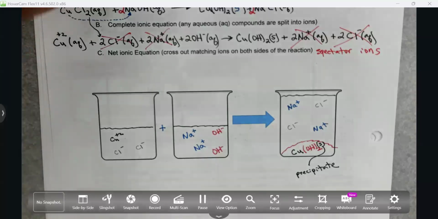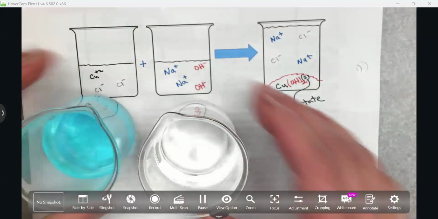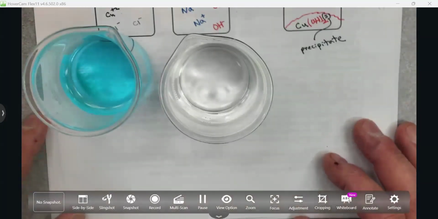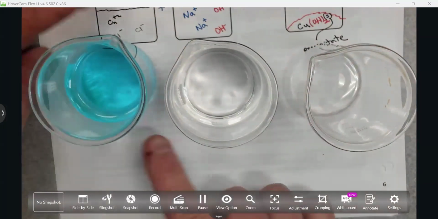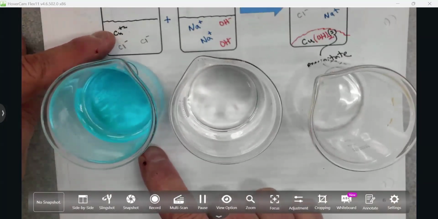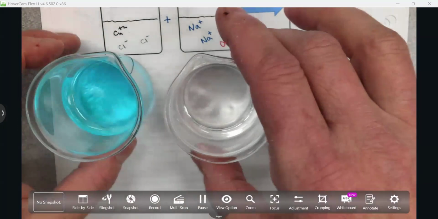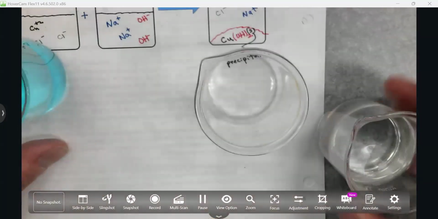And then, well, we better show that house party interaction. I stopped talking. I didn't show our interaction. This is copper plus 2. Copper plus 2 aqueous in solution is always blue. So when I dump these together, I'll dump them together in this third beaker here.